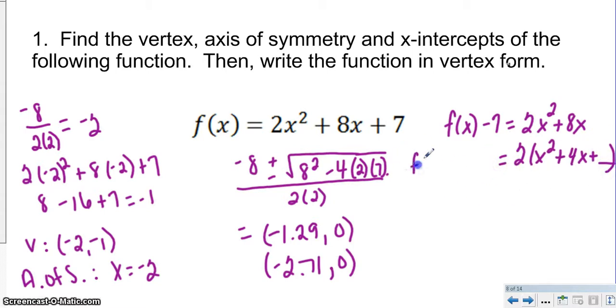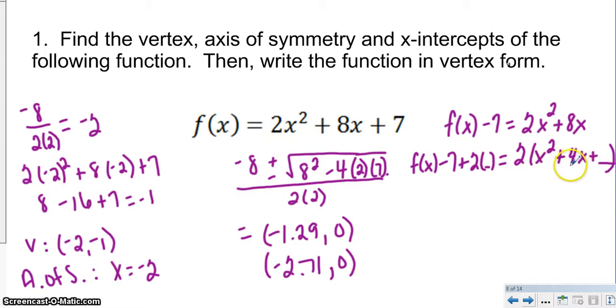And because I did that, when I go to find that new C value over here, I'm actually doing 2 times that is being added. So here I need to do 2 times whatever it is that I end up adding. I'm still going to follow that process of b over 2 squared, but I'm using this b now.